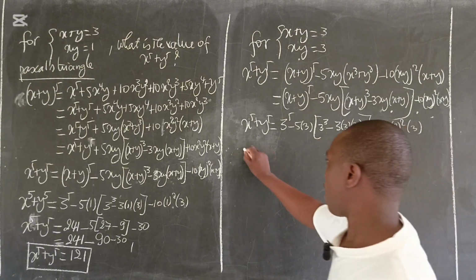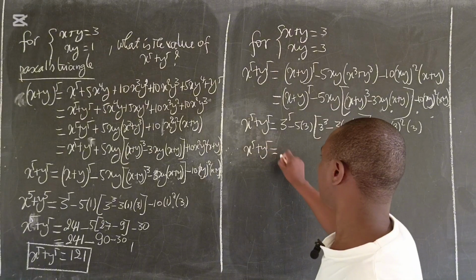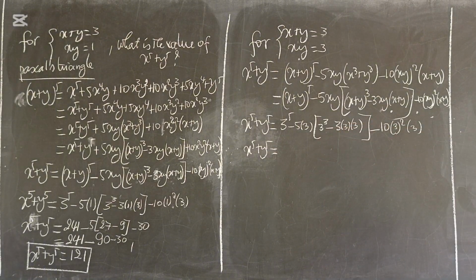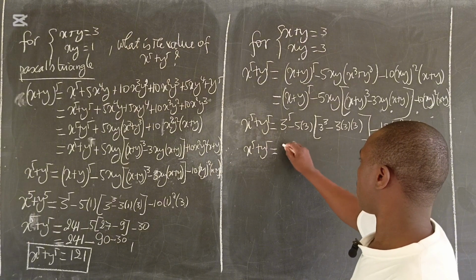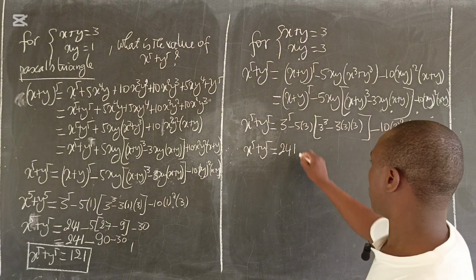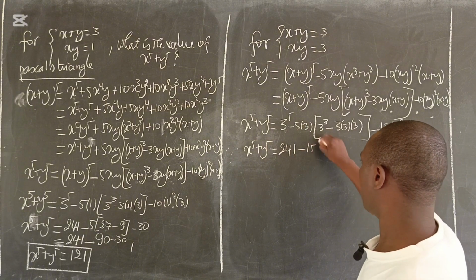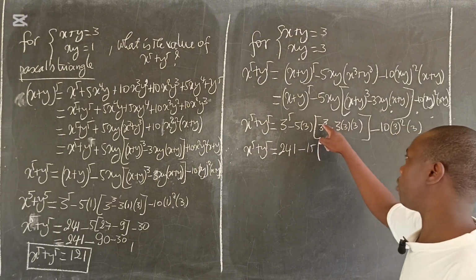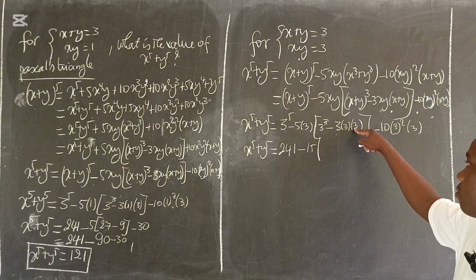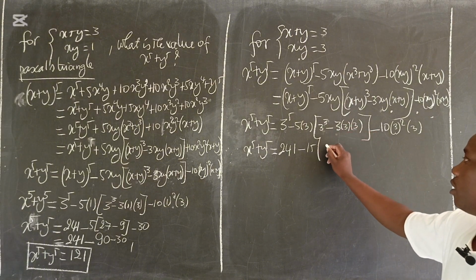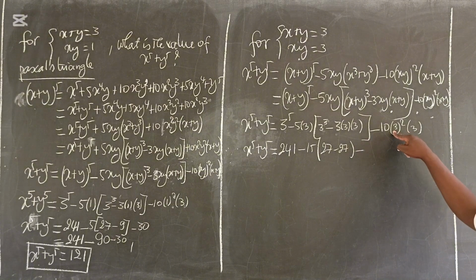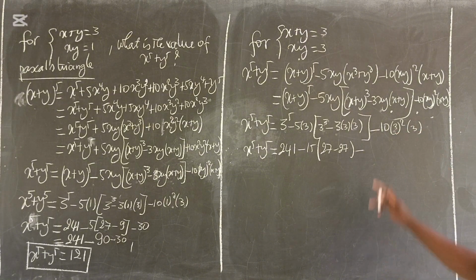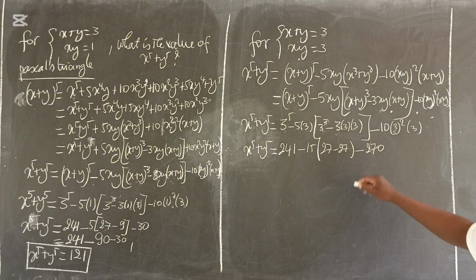Okay, x power 5 plus y power 5, this is equal to 3 power 5 is 243 minus this times this is 15 into 3 power 3, which is 27, minus 27 minus 9, 3 power 2 is 9, 9 times 3, this is 27 times 10 is 270.